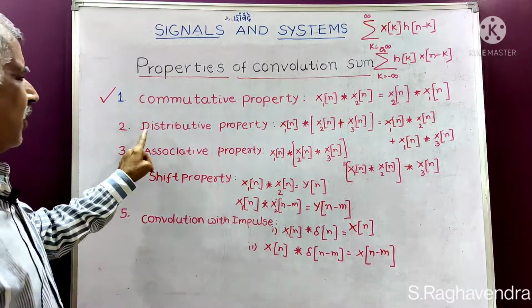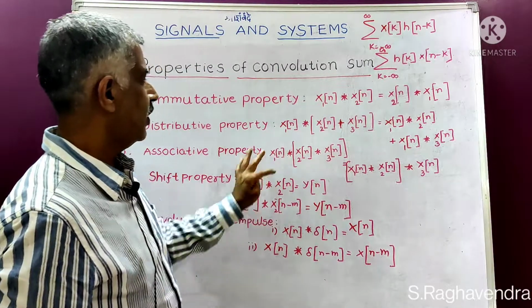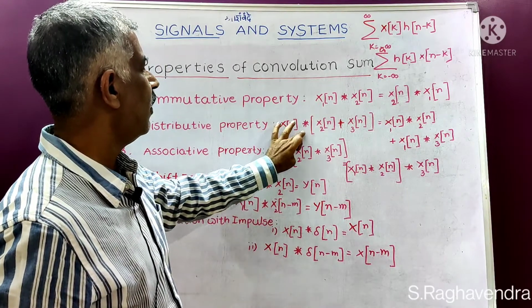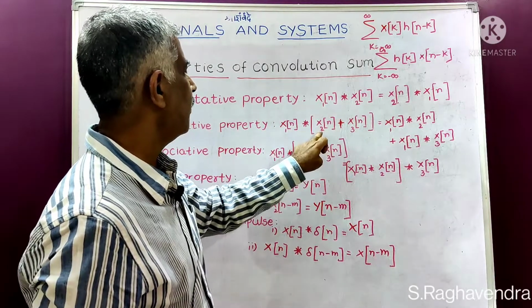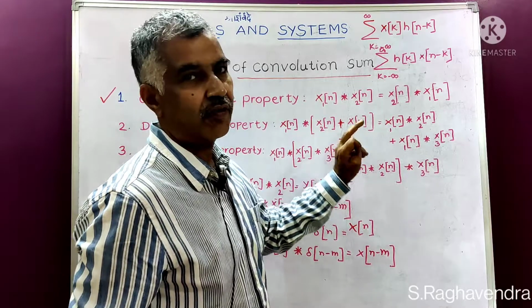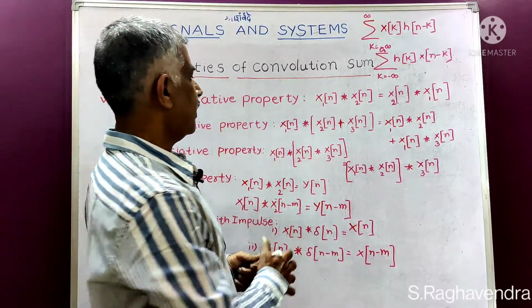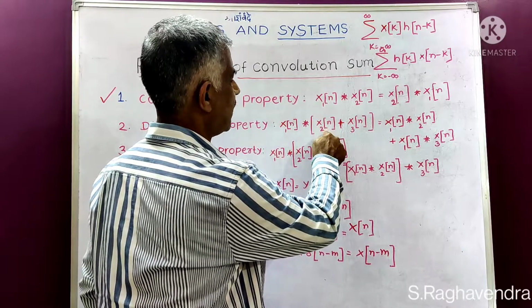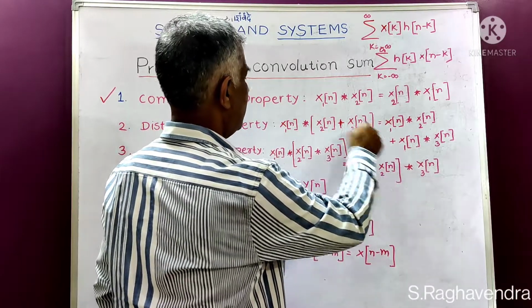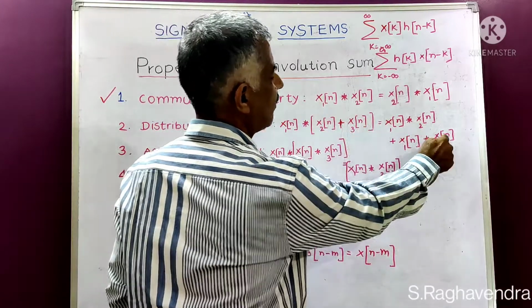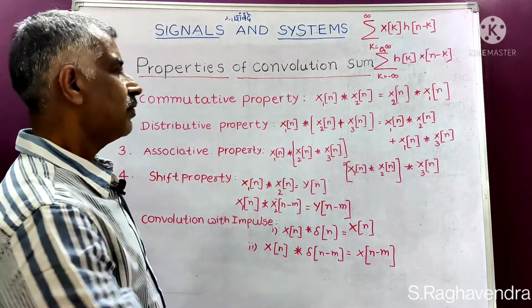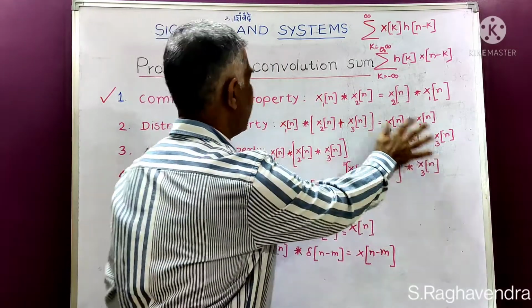Commutative property. Distributive property. That is, x1 of n convolving with the summation of x2 of n and x3 of n. The distributive property says that it equals x1 of n convolving with x2 of n, plus x1 of n convolving with x3 of n. This we don't come across very frequently.